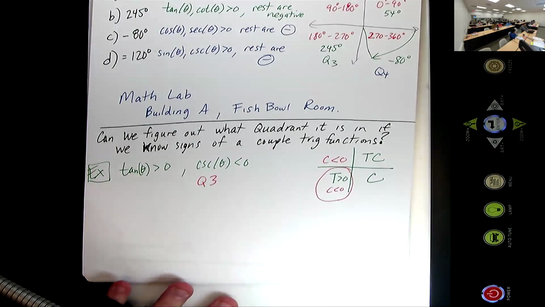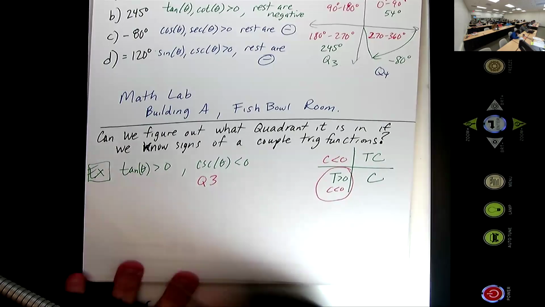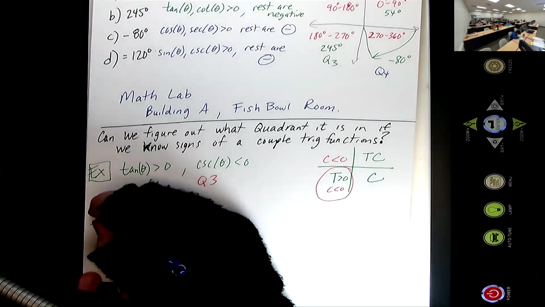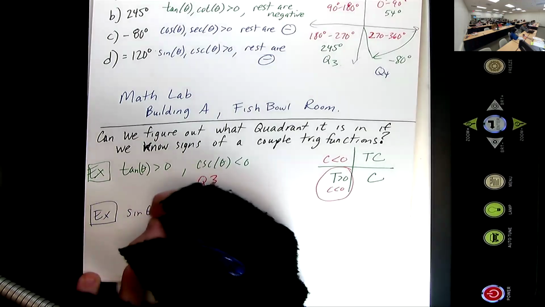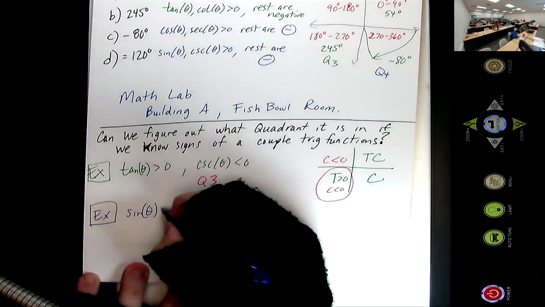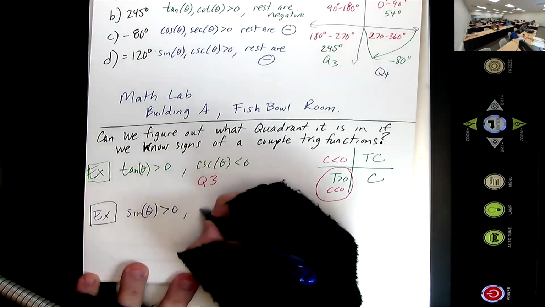What about sine theta and cosecant theta? Sine theta is, let's say, positive and cosecant theta is positive.